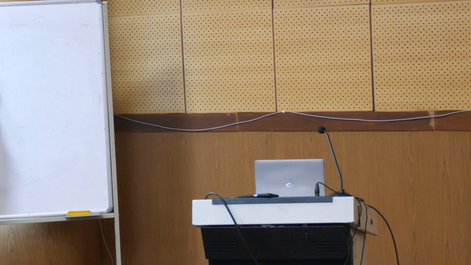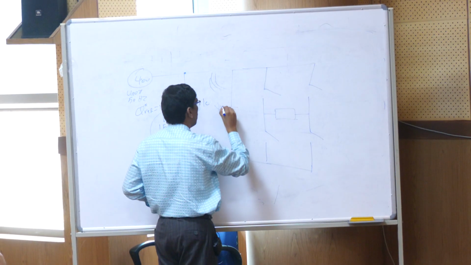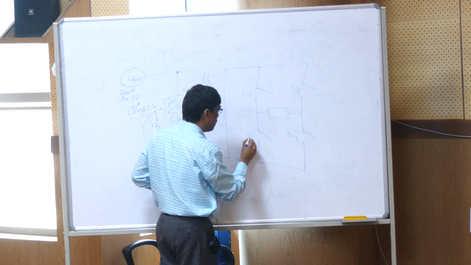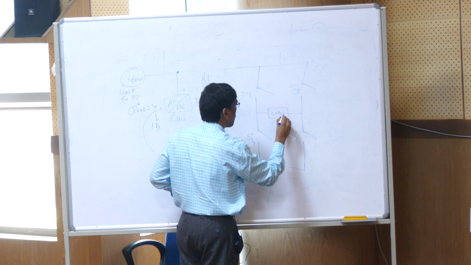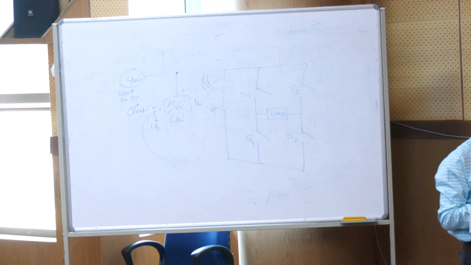The load is connected here, and this is your DC source, with switches S1, S2, S3 and S4 and the load. You are going to make use of this standard structure for the H-bridge, and you are familiar with this operation.